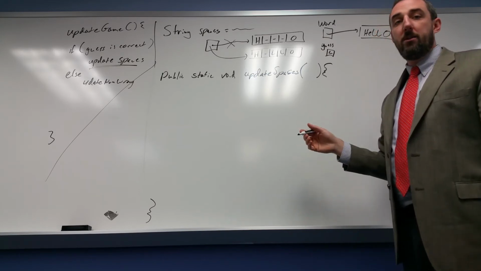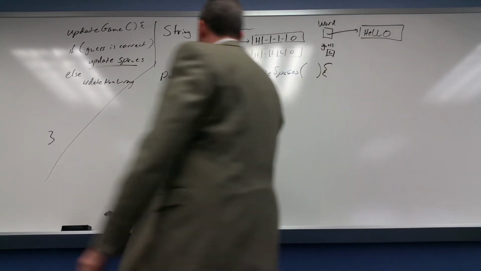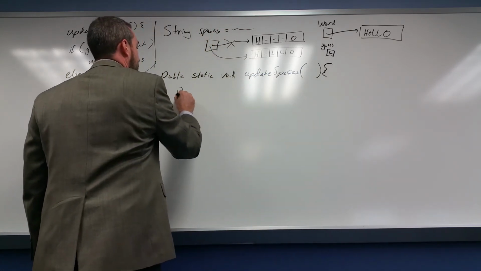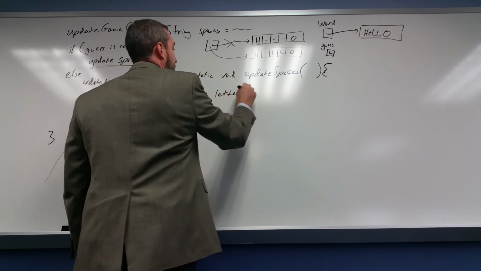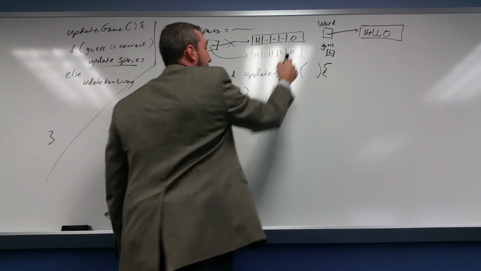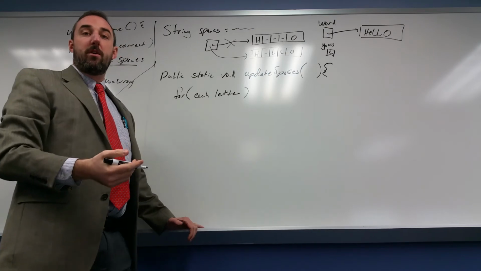So what do we need to do? Let's do our English first. I need to say that for each letter, I've got to go one letter at a time. I need to check to see if it needs to be replaced or not.